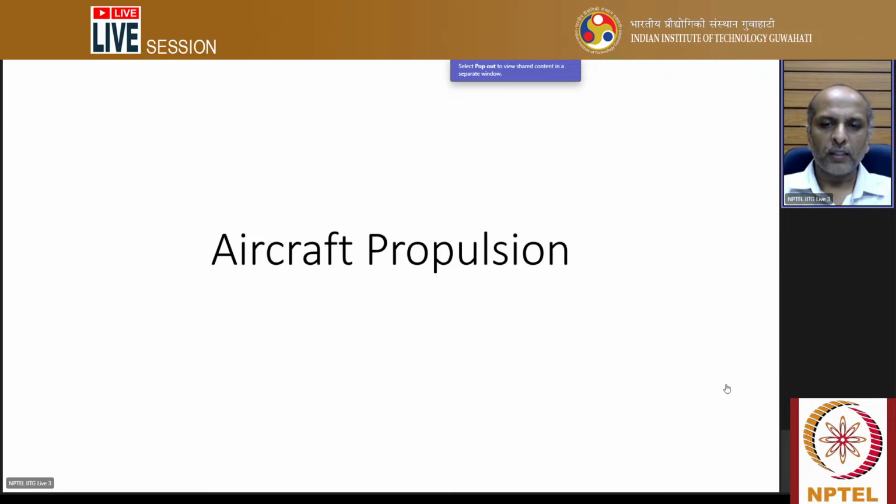So reheat and regeneration were thought of for affecting the performance of the Brayton cycle. Then we evaluated the efficiency and work ratio for the Brayton cycle with these attachments. This was the initial part where we considered the Brayton cycle with ideal processes.